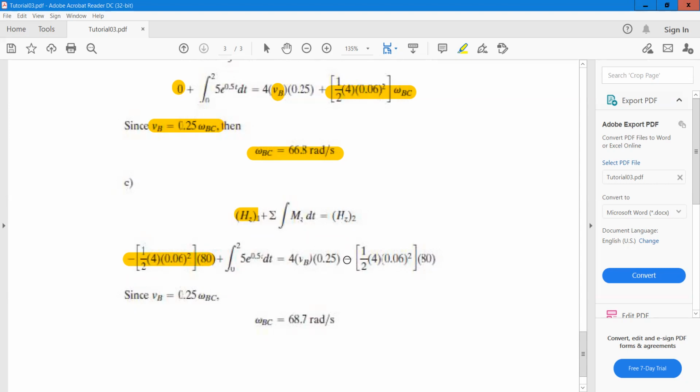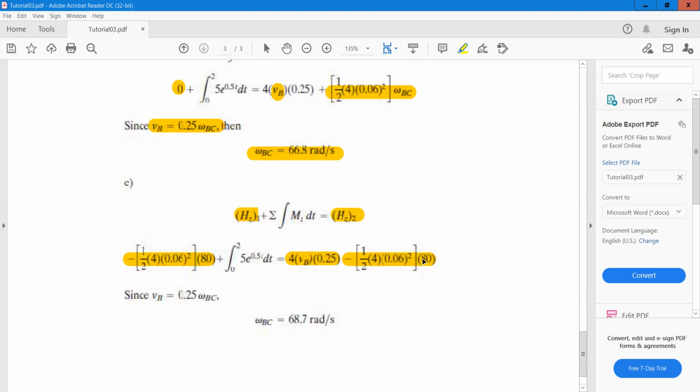In the right hand side, we have again the same term when you are writing the angular momentum. In the final position, it's equal to 4VB times 0.25 minus I omega, because it has an angular velocity in the negative direction. And again, I is the mass moment of inertia about the mass center.